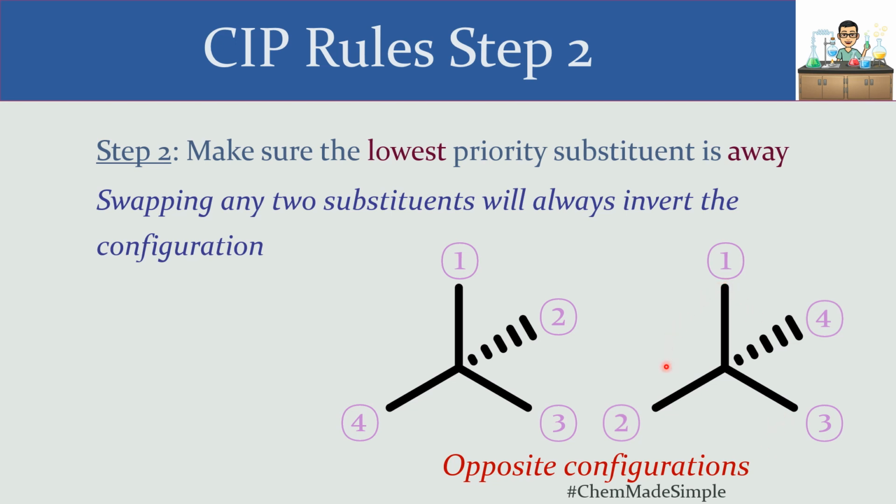So I'm going to make a trace from 1 to 2 to 3. And as I make that arrow, I find out that it's the S version of the molecule, which means that pre-switch, that molecule was the R version, and I don't have to worry about reorienting the molecule. So simply swapping two substituents is a really powerful tool to determine what the original molecule's setup was like.